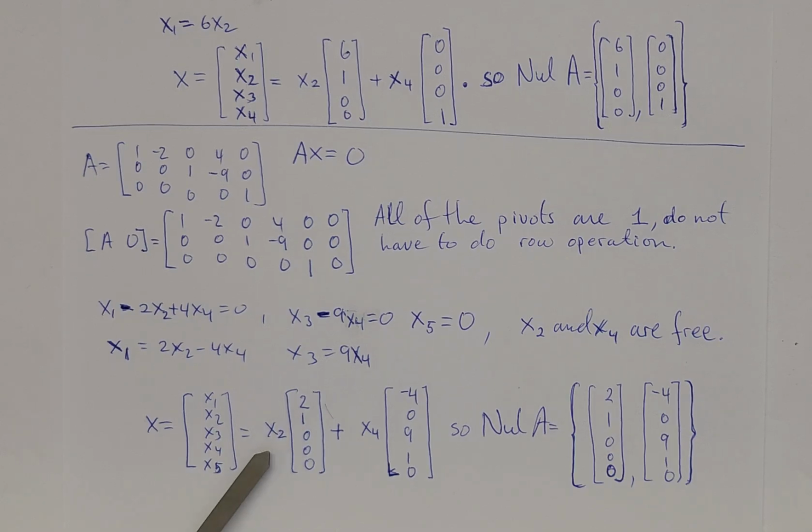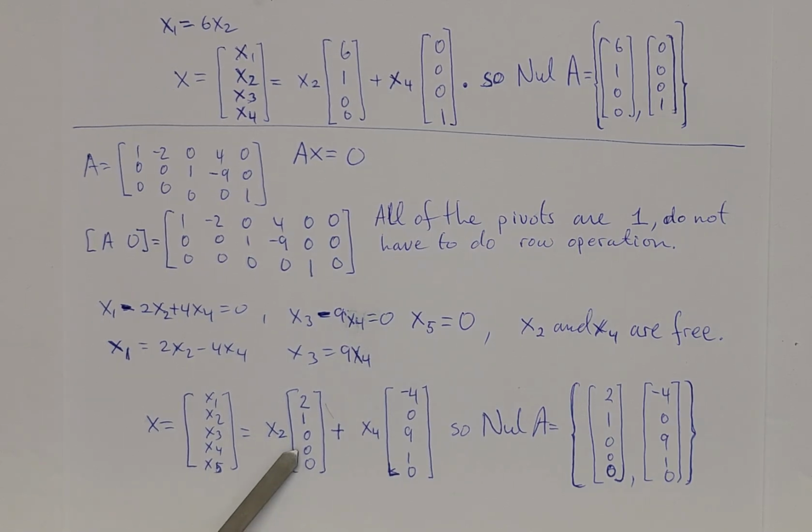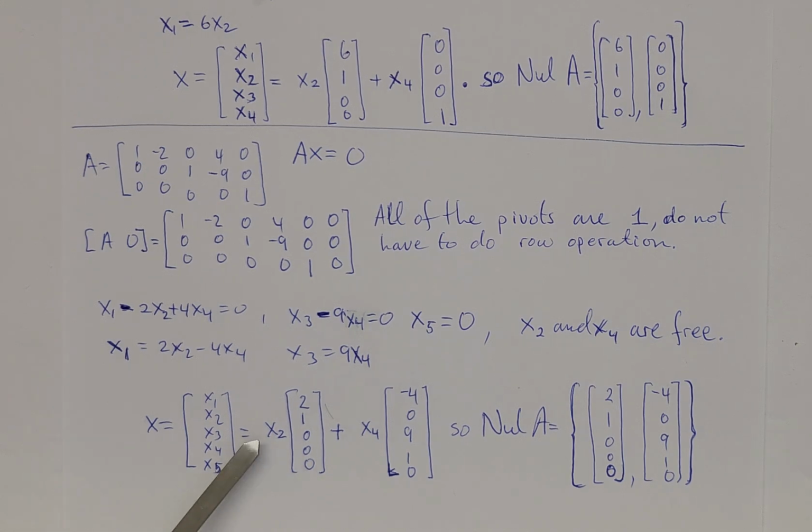Second term of x2, since it is free, I put 1. No third term of x2. No fourth term of x2. No fifth term of x2. So that's why all these are 0. Third, fourth, and fifth, because there's no term for x2, 0.